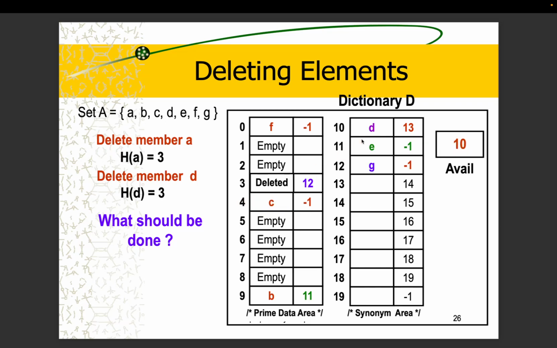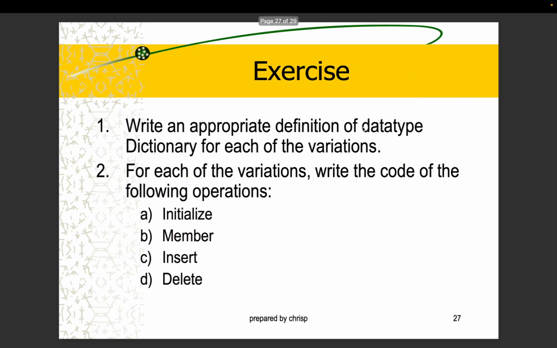I insert the letter H. And take a look, my avail becomes 13. So that means the link still continues. So this implementation removes the bad aspect of variation 2, wherein deleted elements couldn't be reused. In this case, they can now be reused.